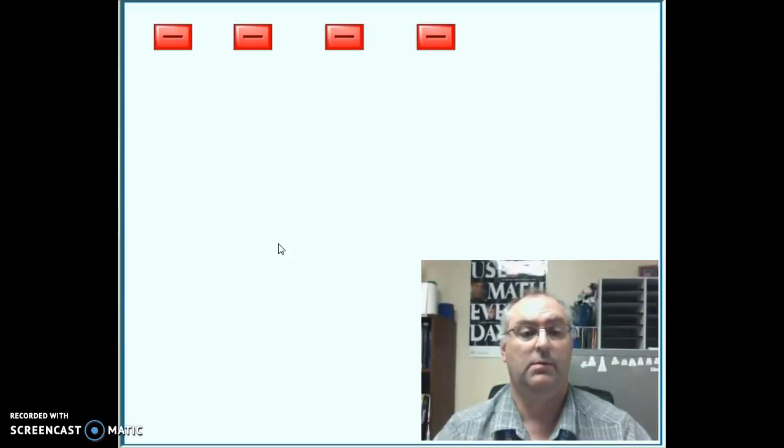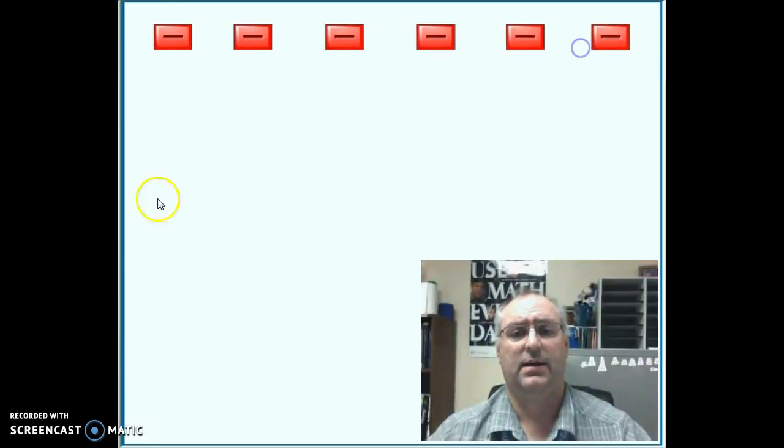Now really we can't take away 2 because we don't have 2 positive tiles to get rid of. So this is why we need to think of this as negative 4 plus negative 2. Because while I can't take away 2 positive tiles, I can add 2 negative tiles to get negative 6.